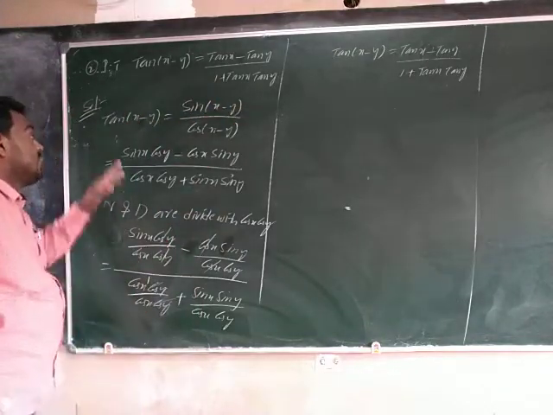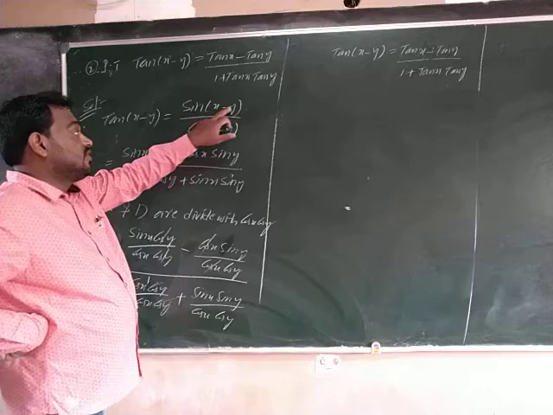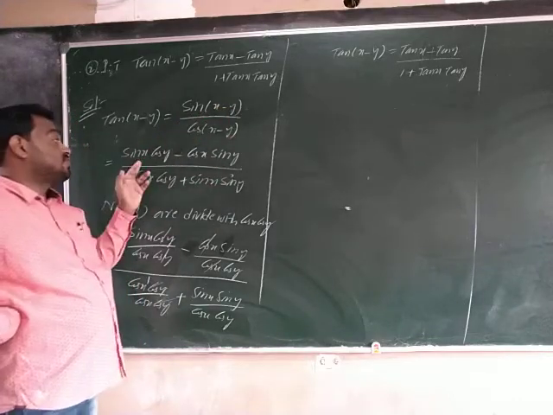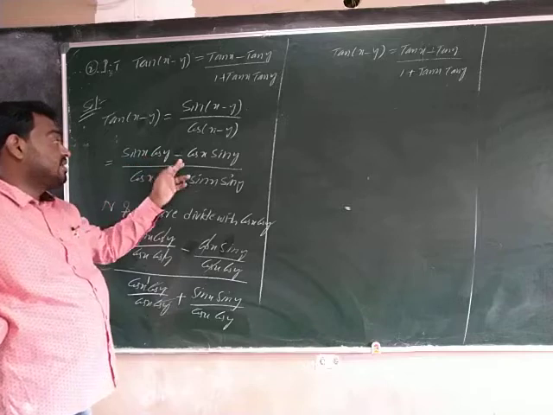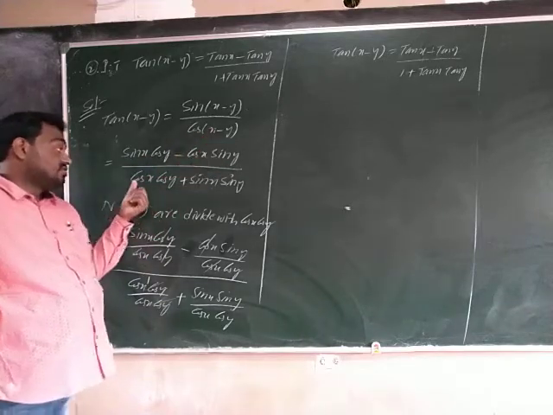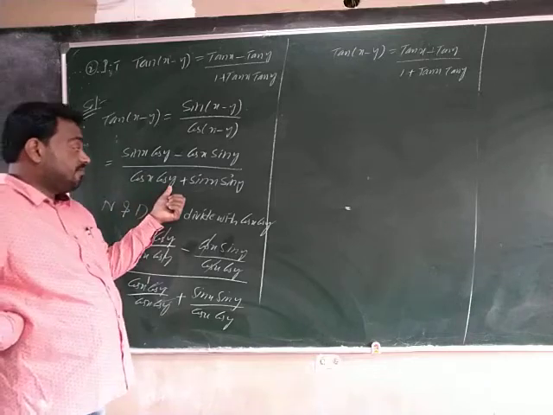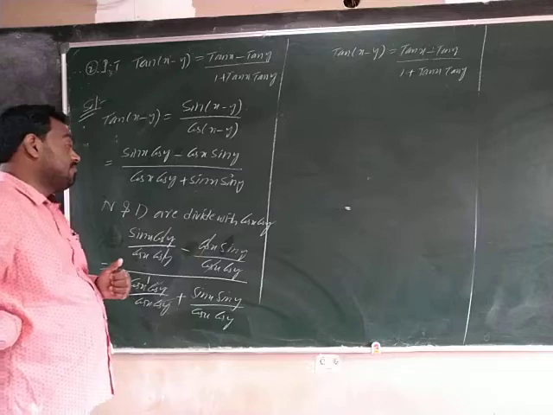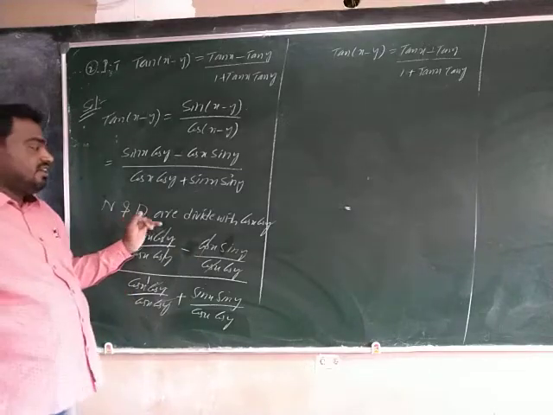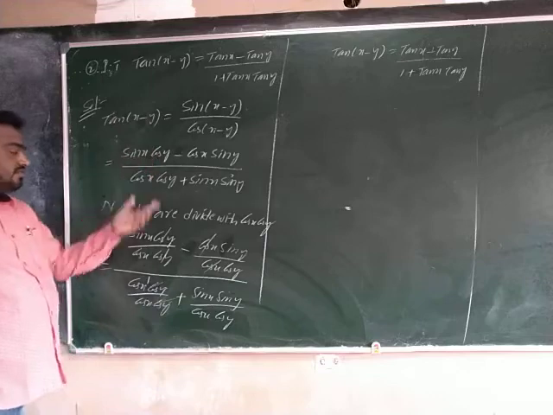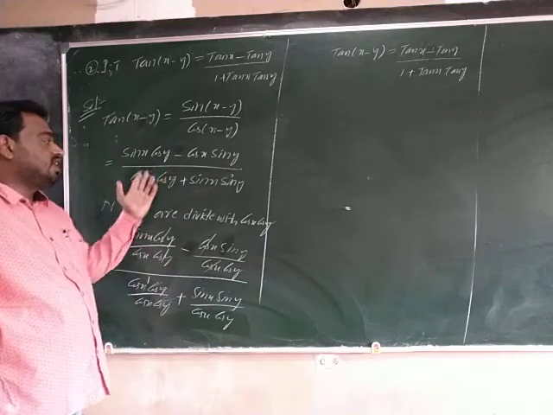Similar process: tan of x minus y equals sin of x minus y by cos of x minus y. You substitute now the sin of x minus y formula, sin x cos y minus cos x sin y. The denominator, the cos of x minus y formula, is cos x cos y plus sin x sin y. So the numerator and denominator are divided with cos x cos y, each of the 4 terms.